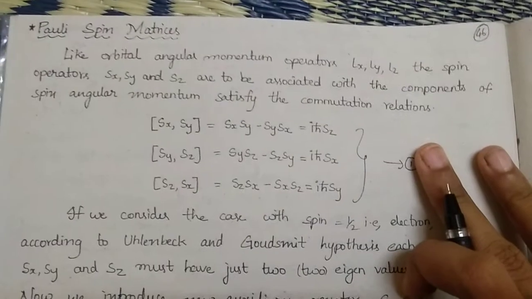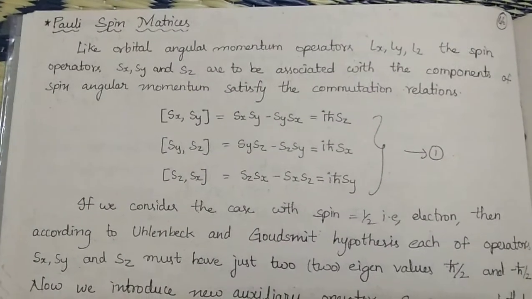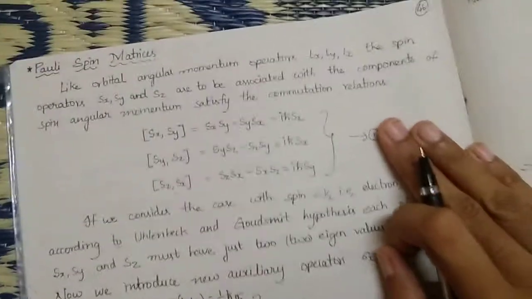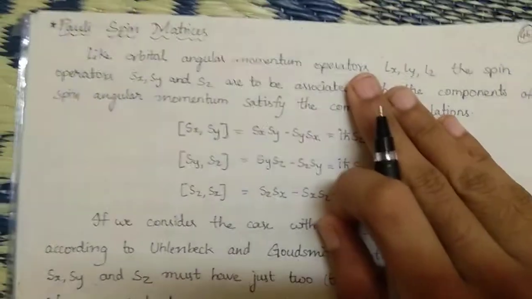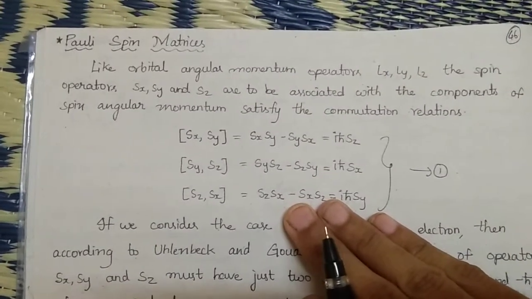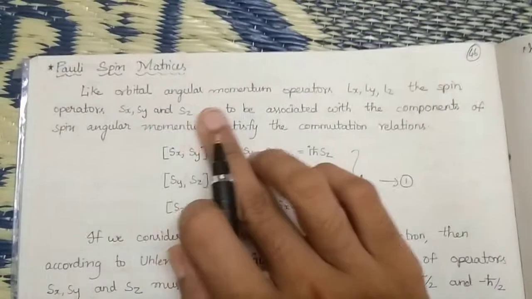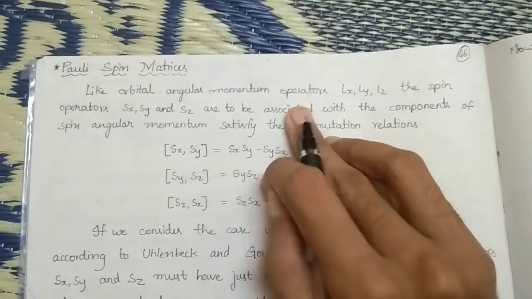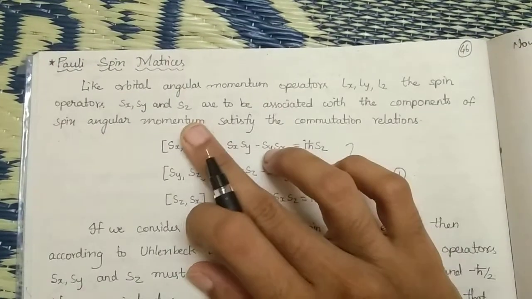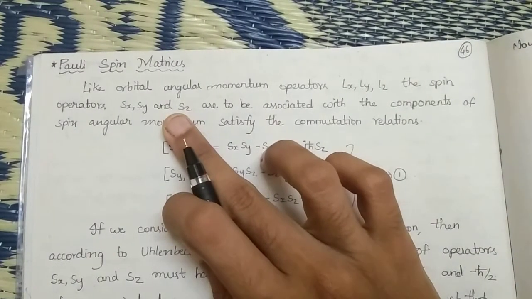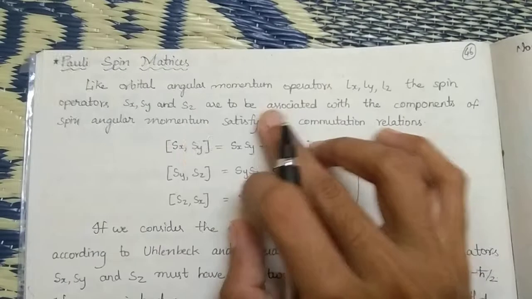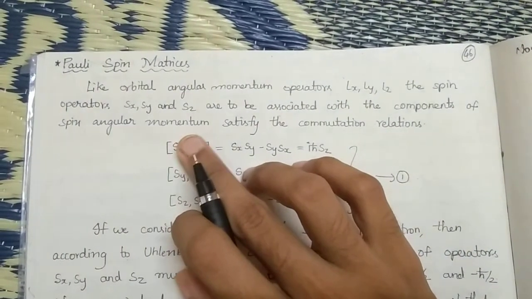So let's discuss Pauli Spin Matrices and their properties. First of all, let's see Pauli Spin Matrices. Like orbital angular momentum operators Lx, Ly, Lz, the spin operators Sx, Sy and Sz are to be associated with the components of spin angular momentum.